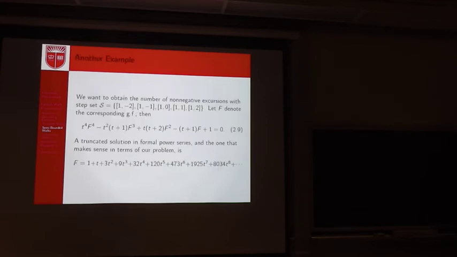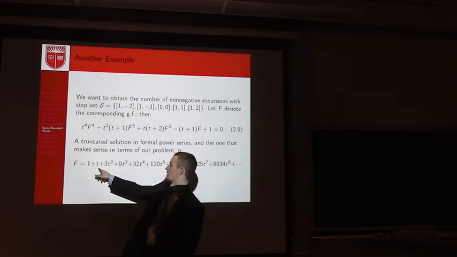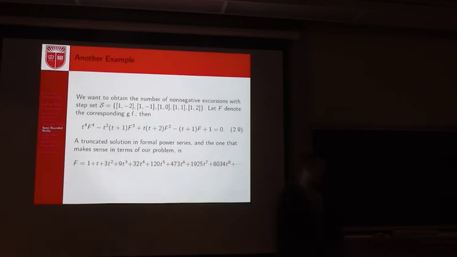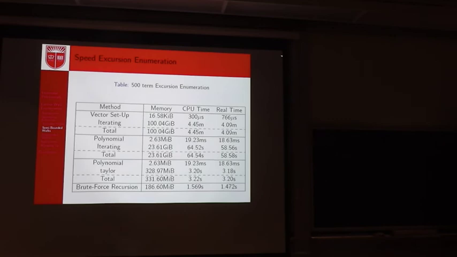And that relation can be used, here's another example, by iterating the solution: plug in f equals 1, you'll get something else, and plug that in, and at each step you'll get the next coefficient. We can try enumerating that way.